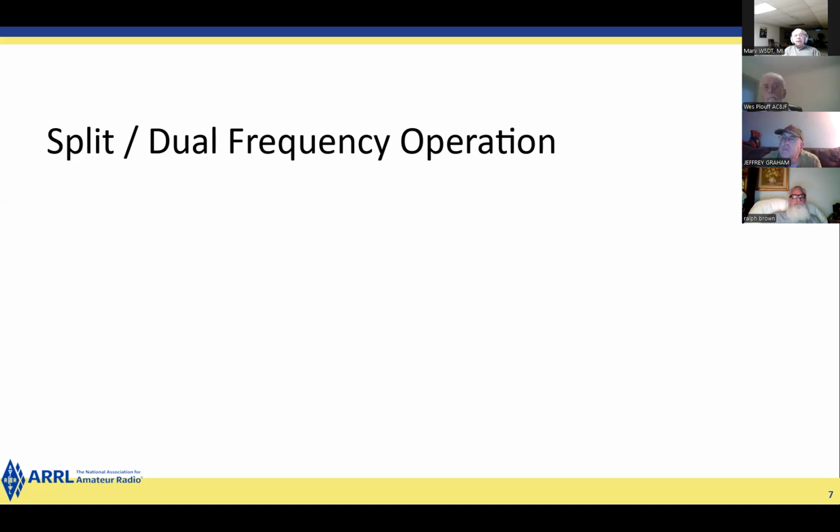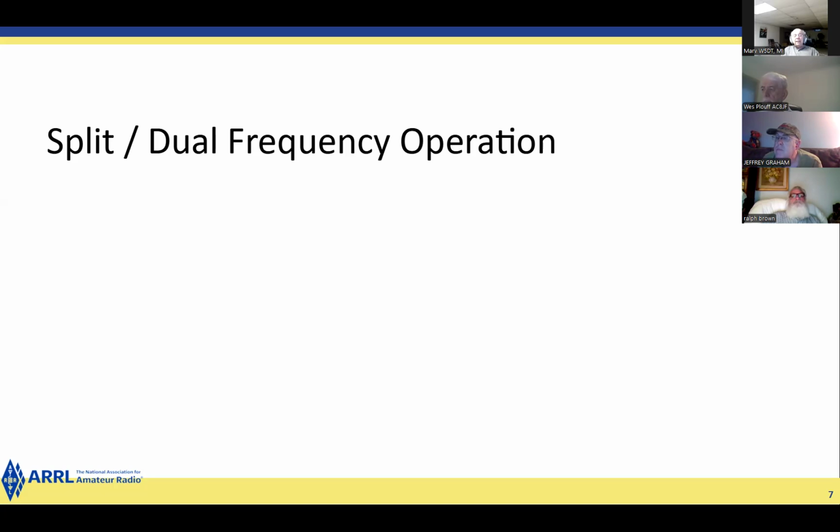So he might be sending on, let's say, 7225 and listening on anywhere from 2230 to 2240. This is quite common. CW is the same way. It can be a zoo.